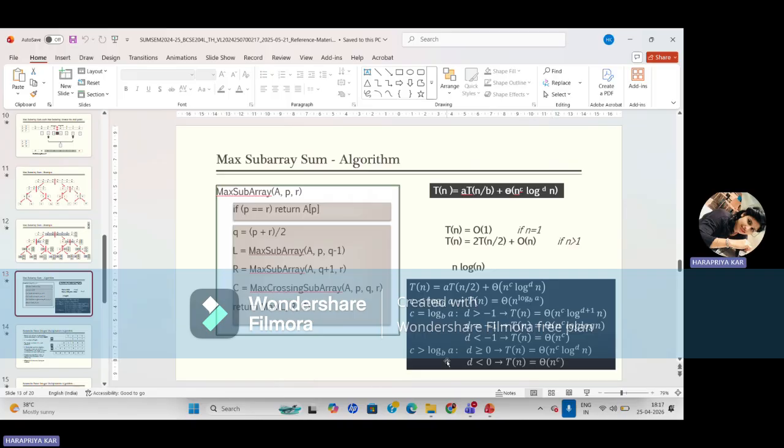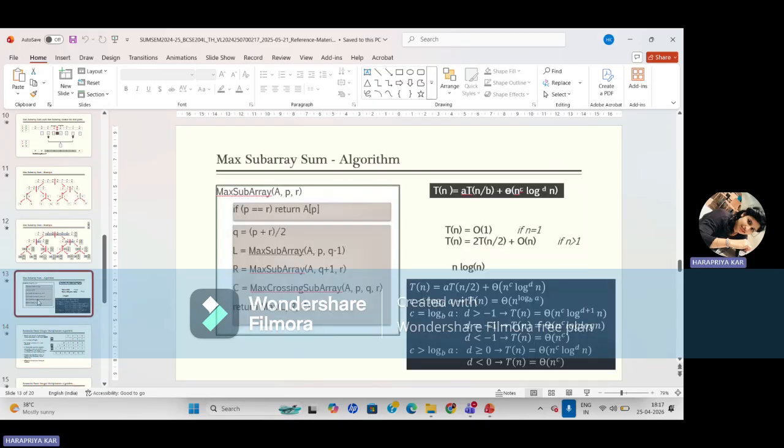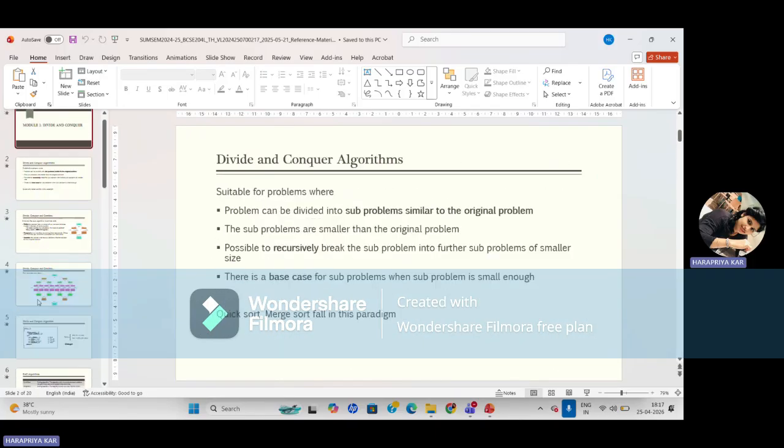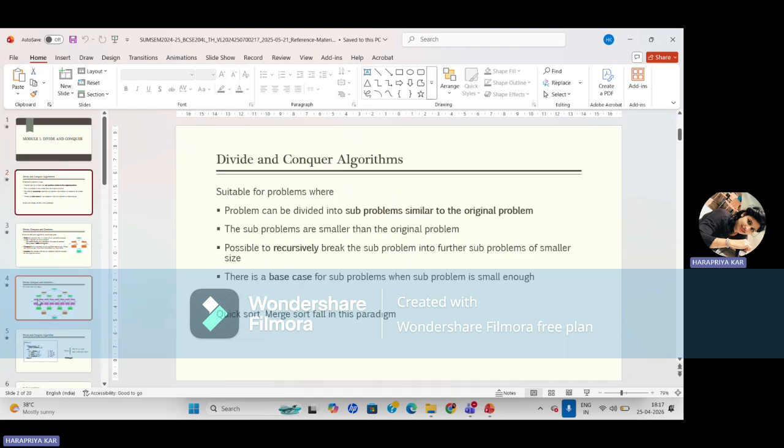First of all, we are going to summarize what we studied today. We discussed what the divide and conquer approach is and how it works over the three constraints. Okay, and how we divide a large problem into sub problems recursively, and what the examples of divide and conquer are.